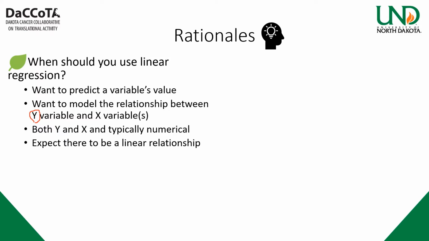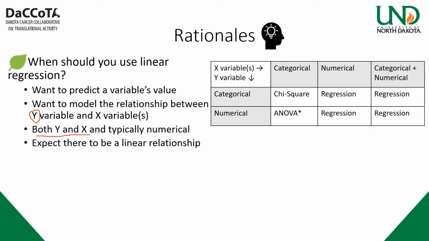More practically with your data, you'd use linear regression typically when both y and x are numerical. Now it's not always the case. That's the most normal case, but if y is categorical, you can still use regression that's logistic. If there's a combination of categorical and numerical x variables, regression works fine.